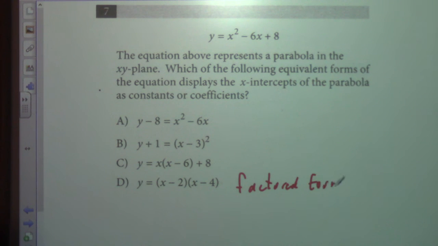We're going to learn how to do that in section 6.2, which helps us understand more about other polynomial functions. So that's what we're going to be doing tomorrow. All right? Questions?